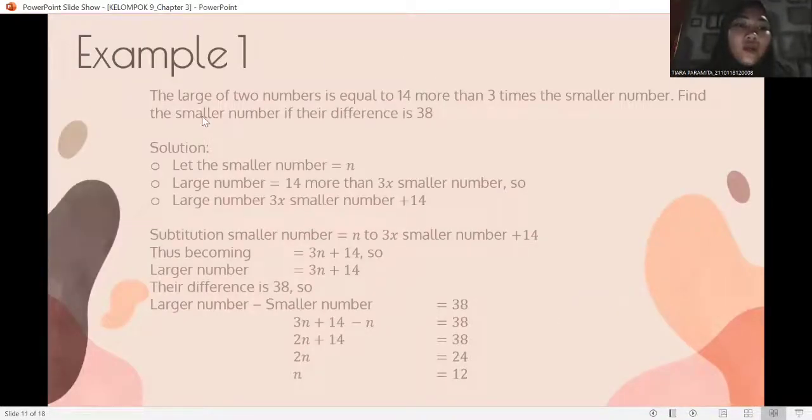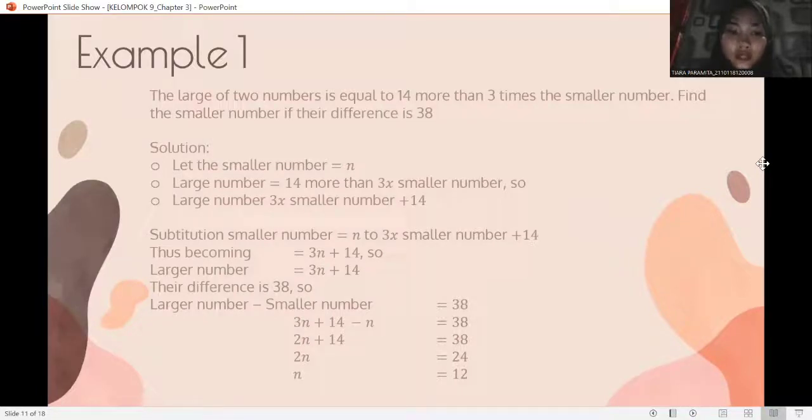Okay, example 1. The larger of two numbers is equal to 14 more than 3 times the smaller number. Find the smaller number if their difference is 38.